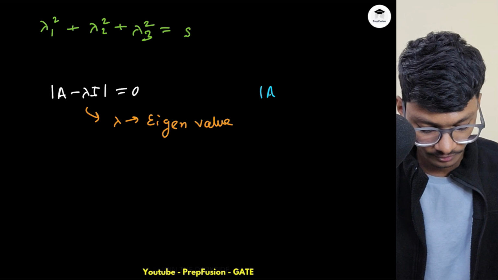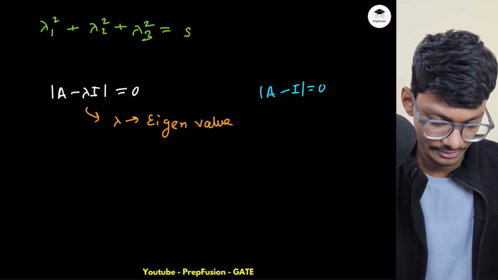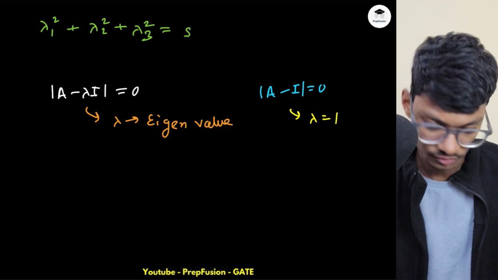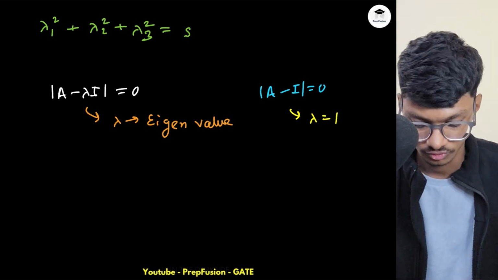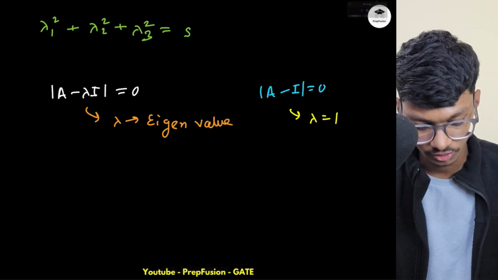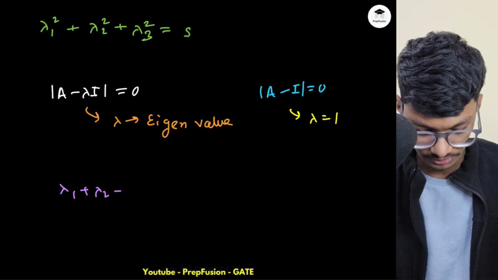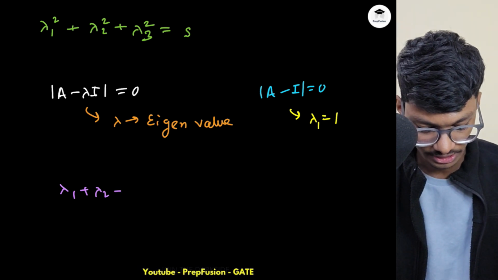That means lambda equals 1. So one of the eigenvalues is 1. Now let's solve the other 2 equations. The summation of eigenvalues is lambda 1 plus lambda 2 plus lambda 3. I will assume this as lambda 1.